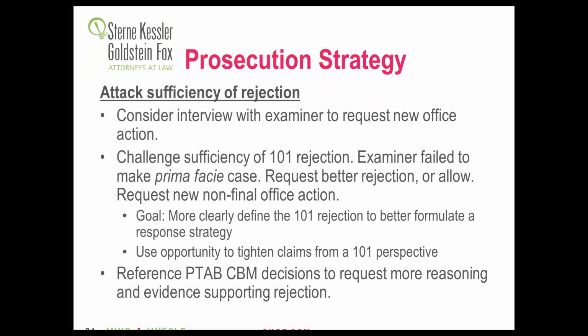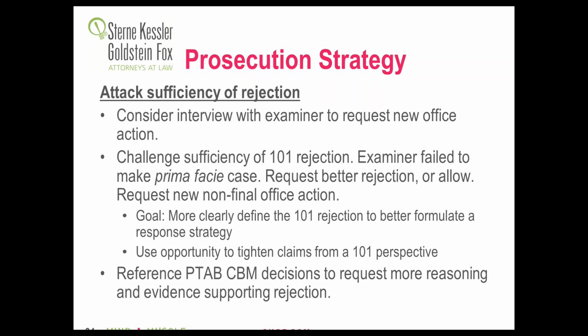So you really need to have that information from the examiner. At the same time, because you couldn't properly respond, they should not make the next office action final. So you should explicitly point that out and request a new office action so that the first time you get a full rejection and have the ability to respond, you're not hit with a final rejection.